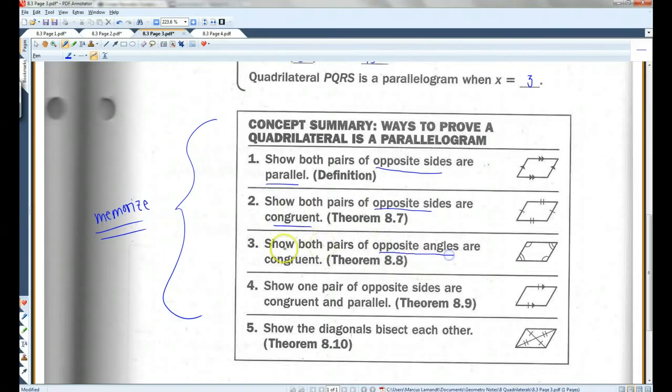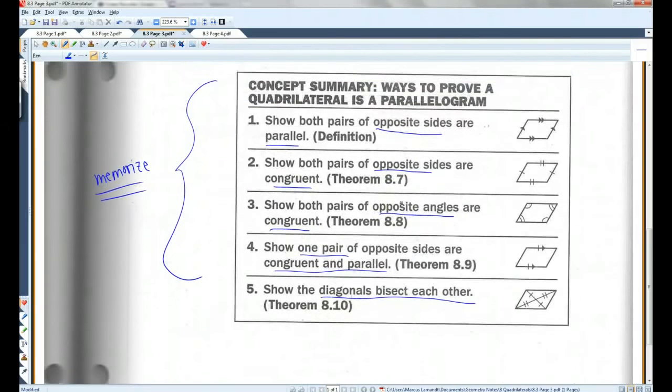Third, opposite angles are congruent. Fourth, one pair of opposite sides are congruent and parallel. And then, of course, diagonals bisect each other. If you can prove any one of these 5 things, automatically you know it's a parallelogram. You don't have to show anything else to prove it's a parallelogram. That is sufficient info.